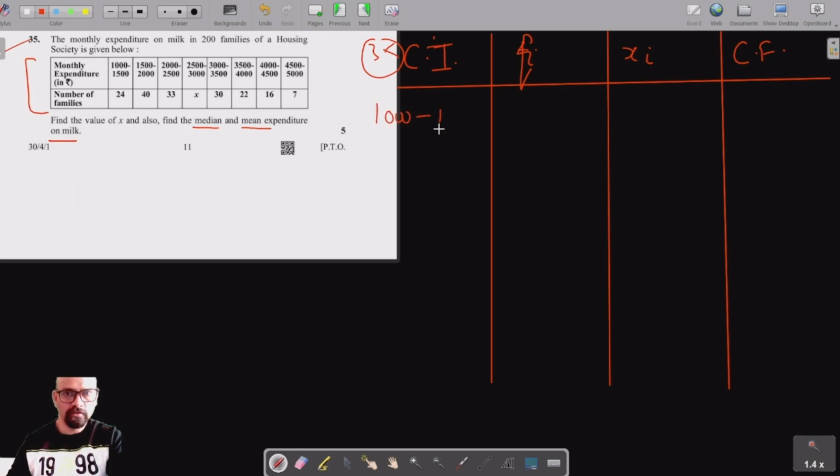This is 1000 to 1500, and then 1500 to 2000, 2000 to 2500, 2500 to 3000, and 3000 to 3500.